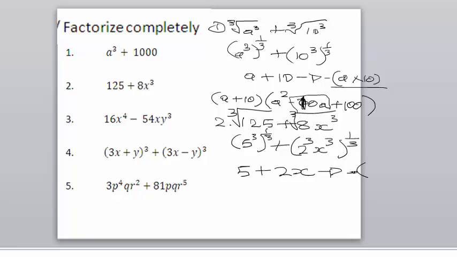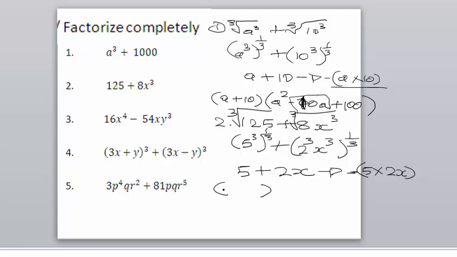So I put a negative and then multiply them inside, like this: 5 times 2x. I know that will give me 10x. So what I'm going to do next is start with my solution.